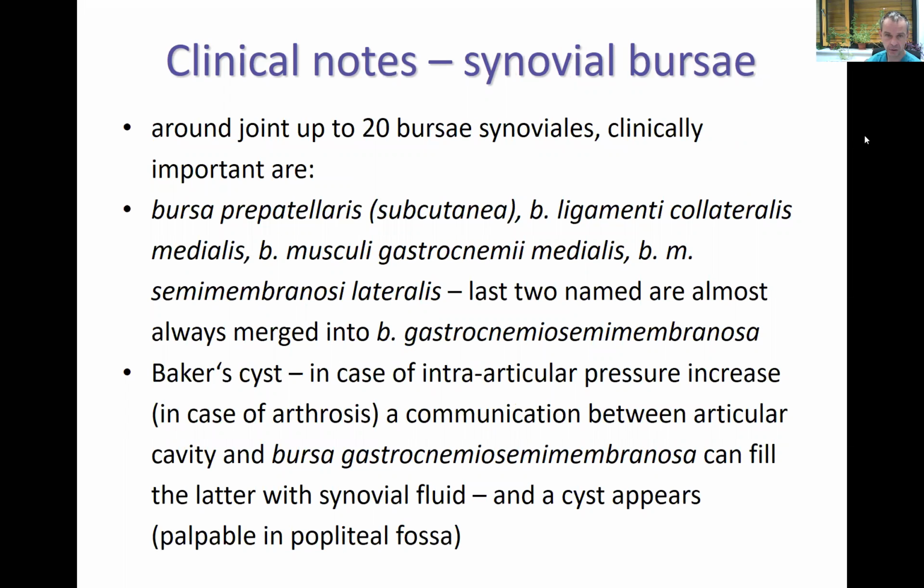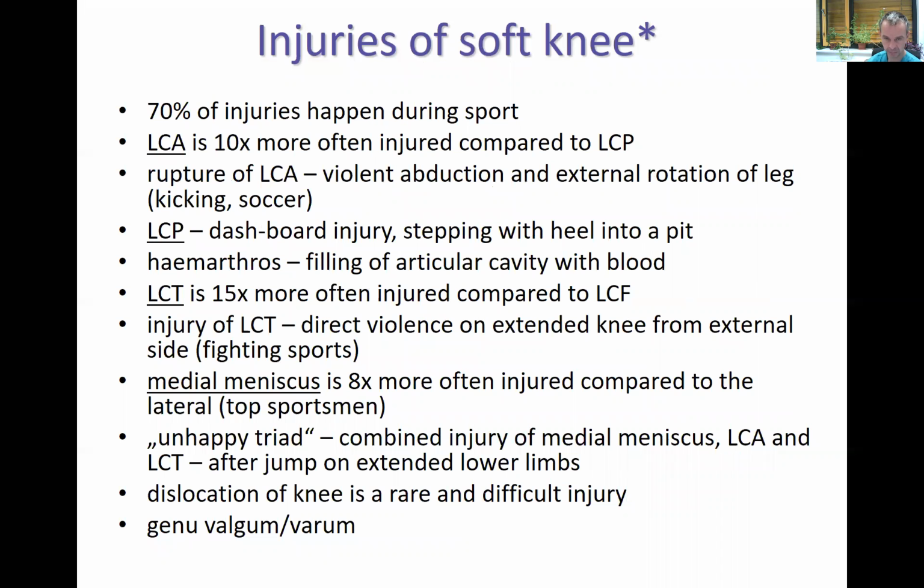So as for the synovial bursa, we have already talked about the Baker's cyst. So I again remind you of the complicated term gastrocnemius-semimembranosus bursa between the semimembranosus muscle and the medial head of the gastrocnemius muscle, and it's palpable dorsally in the popliteal fossa, the Baker's cyst.